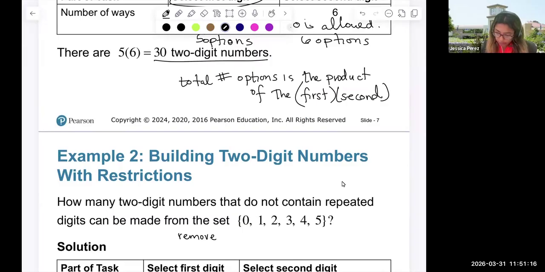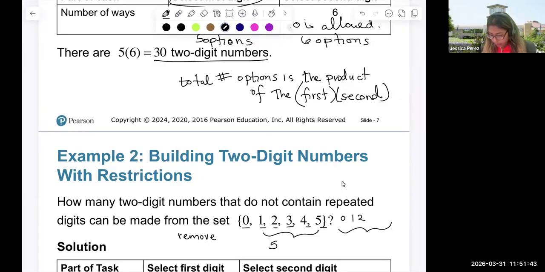If we look at the rules for the first digit, the first one would be 5 options and the second one would be 6 options, right?